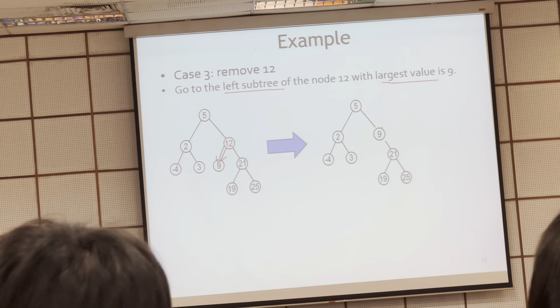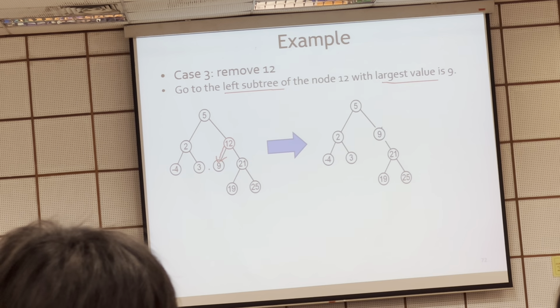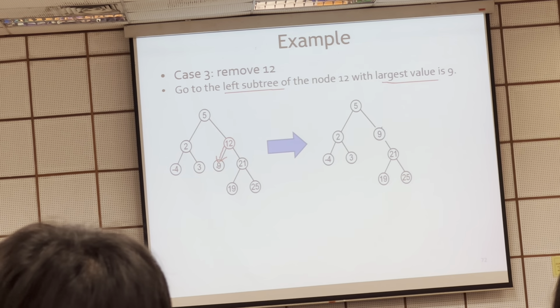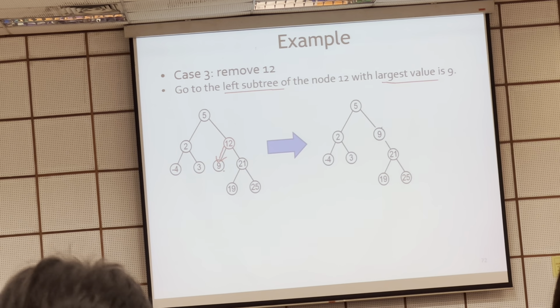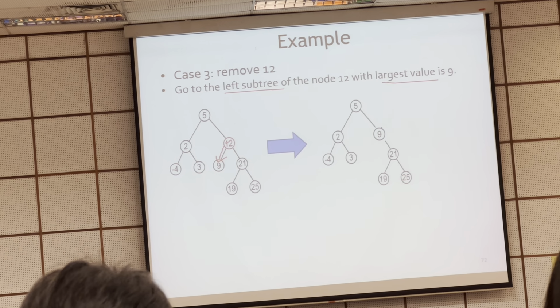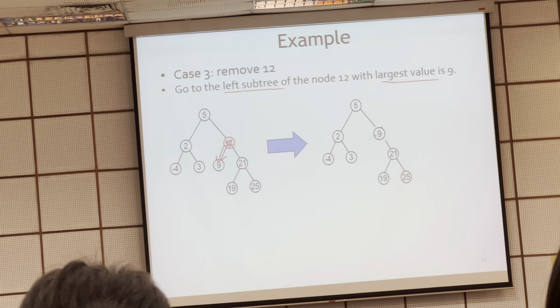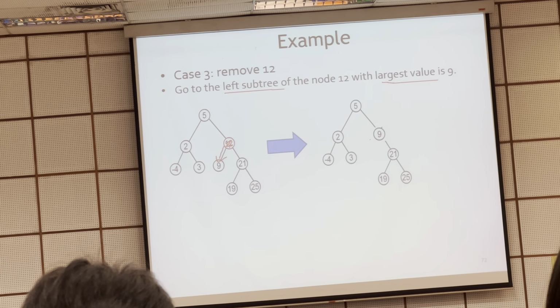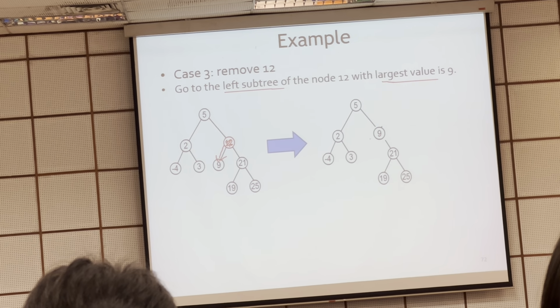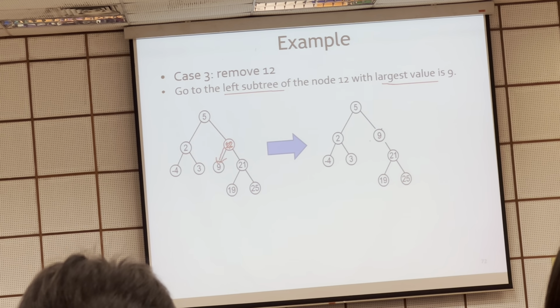Left, largest value. So we go to the left. That's only 1 child anyhow. What do we do? You take number 9, you replace 12 with number 9. So 9 now becomes the parent.